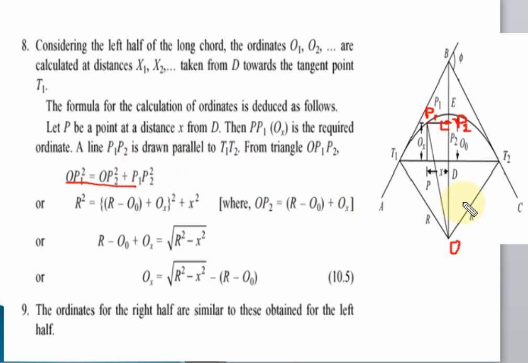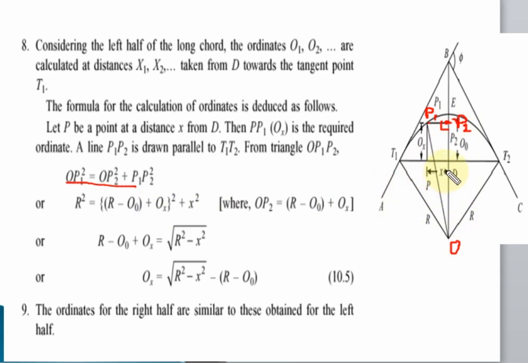So OP1 square is nothing but the R square. How can you calculate OP2? That is nothing but R minus the mid ordinate O0 plus Ox, square. This distance is O to D. What is OD?